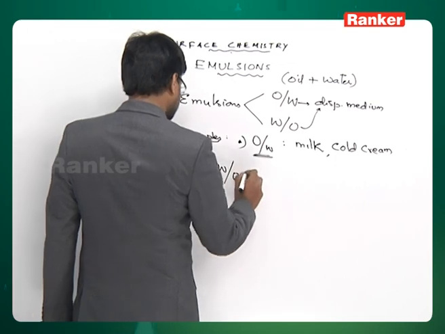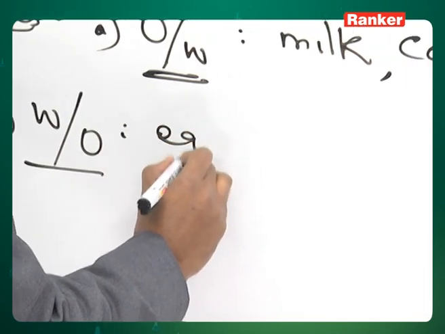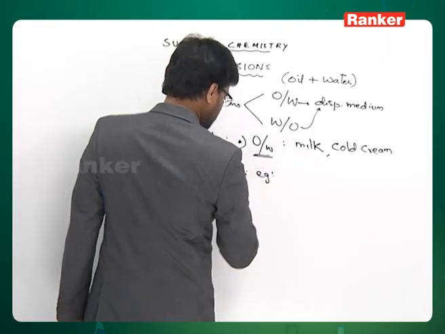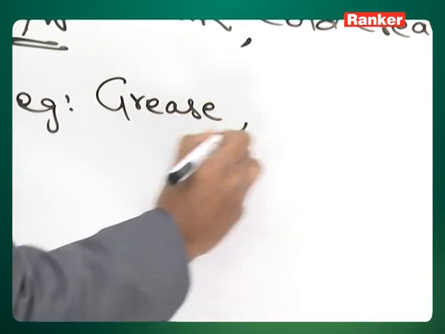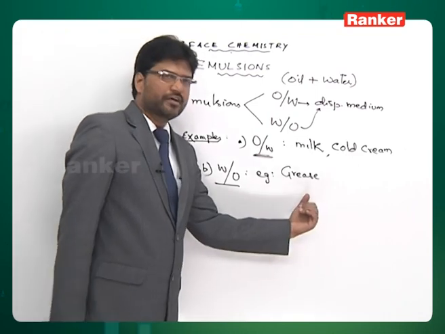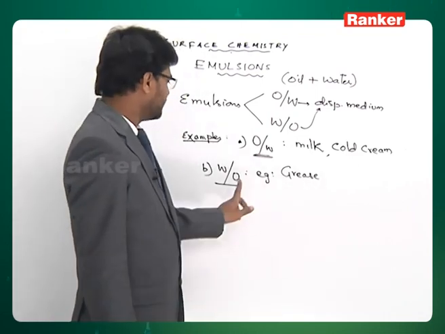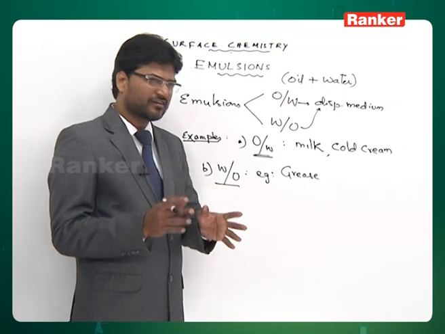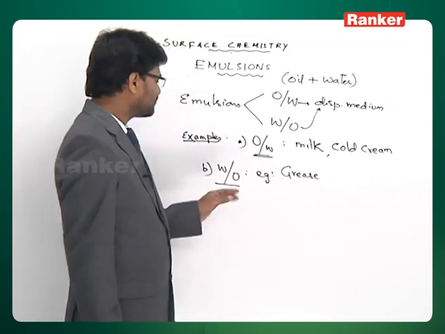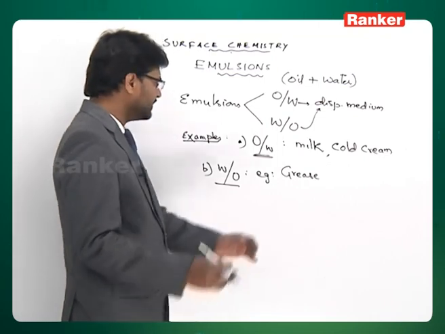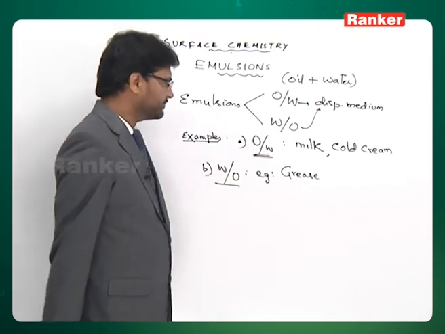Water in oil: an example is grease. Grease is a popular example of water in oil emulsion. Here you have a lesser quantity of water and more quantity of oil. So, this consists of small water droplets in oil dispersion medium.